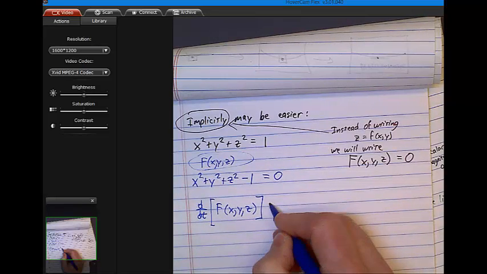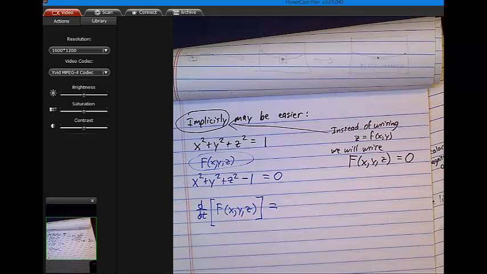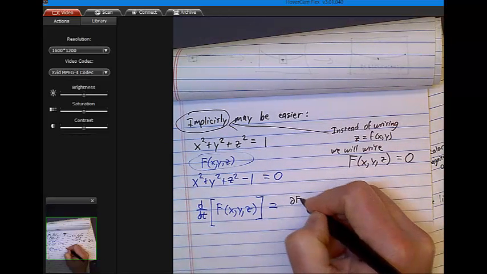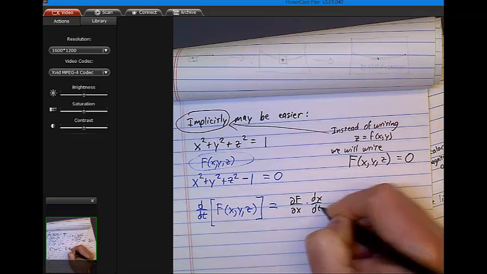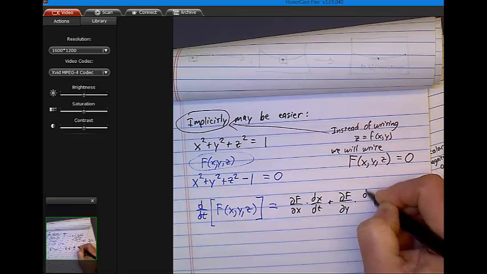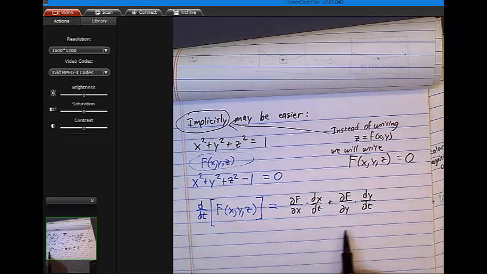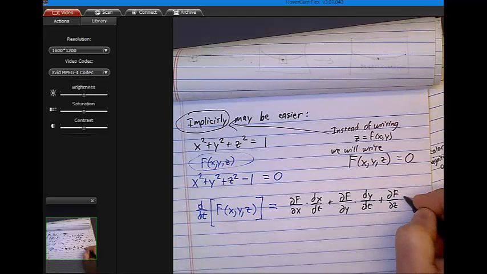Well, we get partial of f with respect to x times dx dt plus partial of f with respect to y times dy dt. Again, a single variable, so I can use straight d's for x, y, and z. I'm using curly d's because f is a multivariable function.